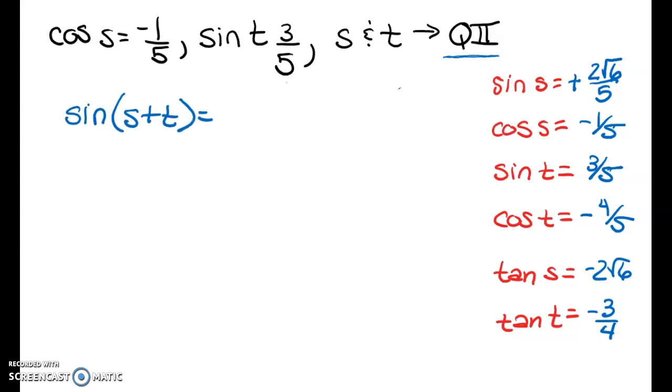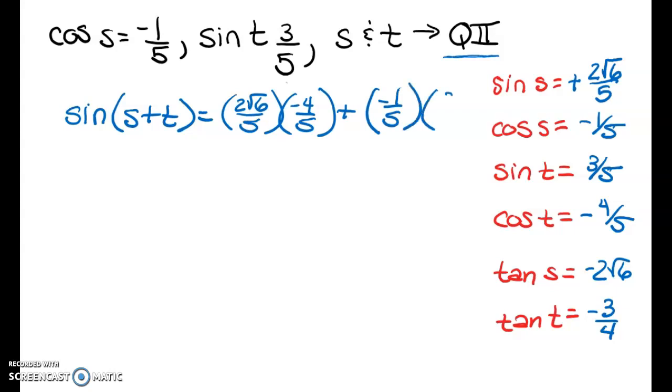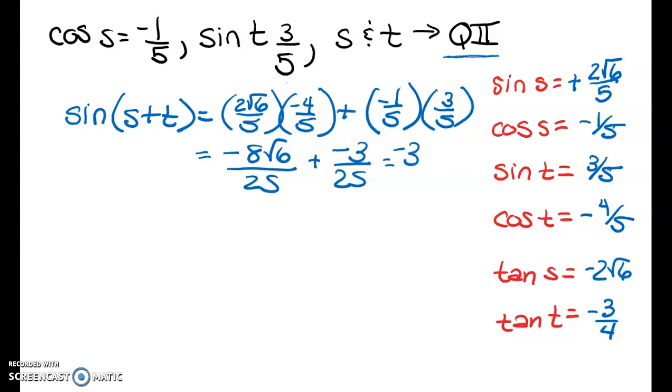I know that's going to be the sine of S, which is 2 square root of 6 over 5, times the cosine of t, -4/5, plus the cosine of S, which is -1/5, times the sine of t, 3/5. So I'm going to get a -8 square root of 6 over 25 plus a -3/25.